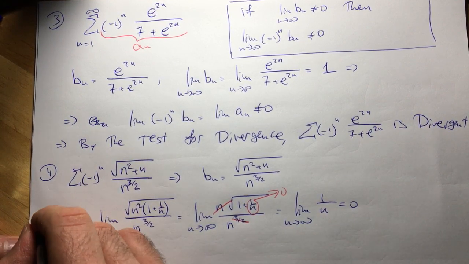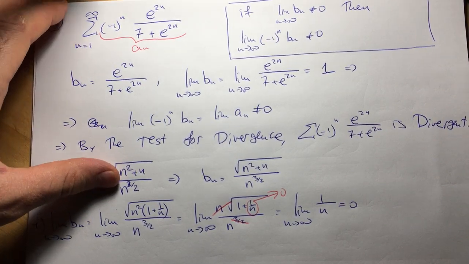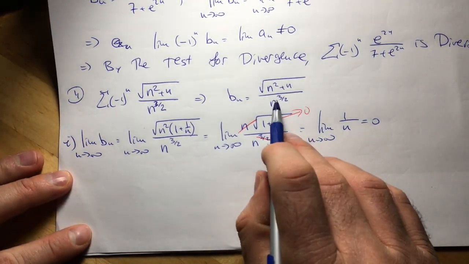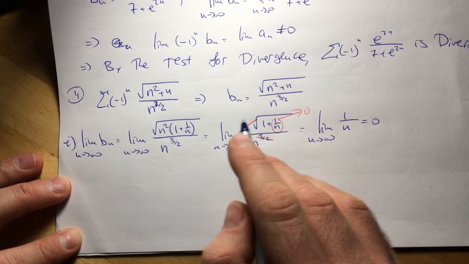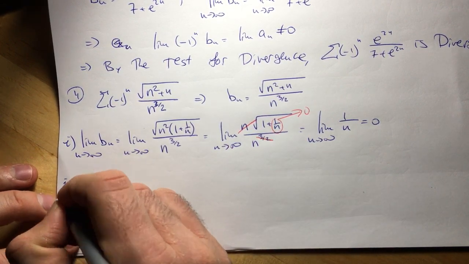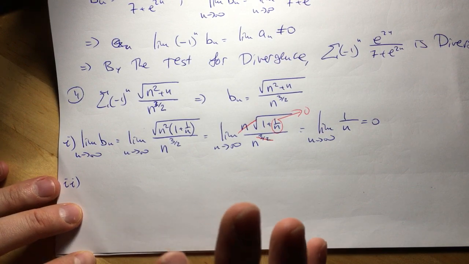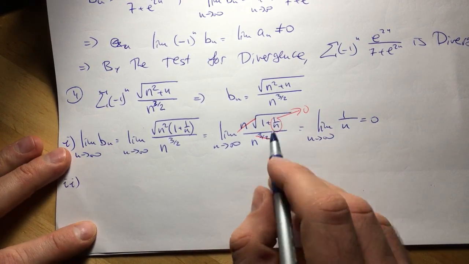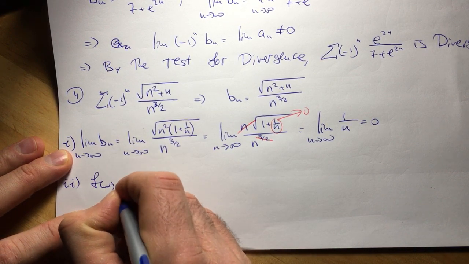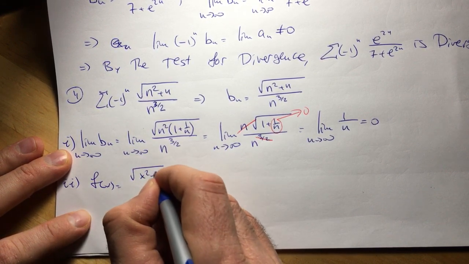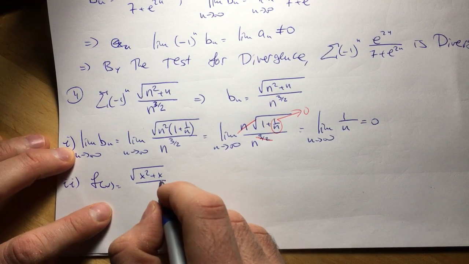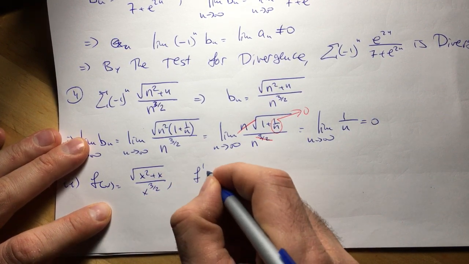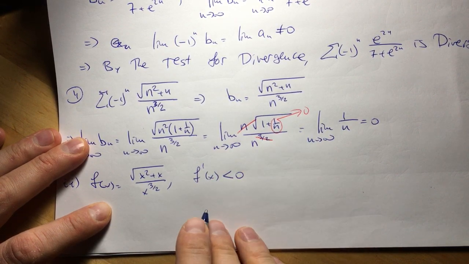So we have shown that the limit of b_n is equal to 0, and now we have to show this more difficult thing, that b_n is decreasing. If you can sense that you cannot do this inequality that easily, just define a function square root of x squared plus x over x to power 3 over 2 and show that f prime of x is less than 0.